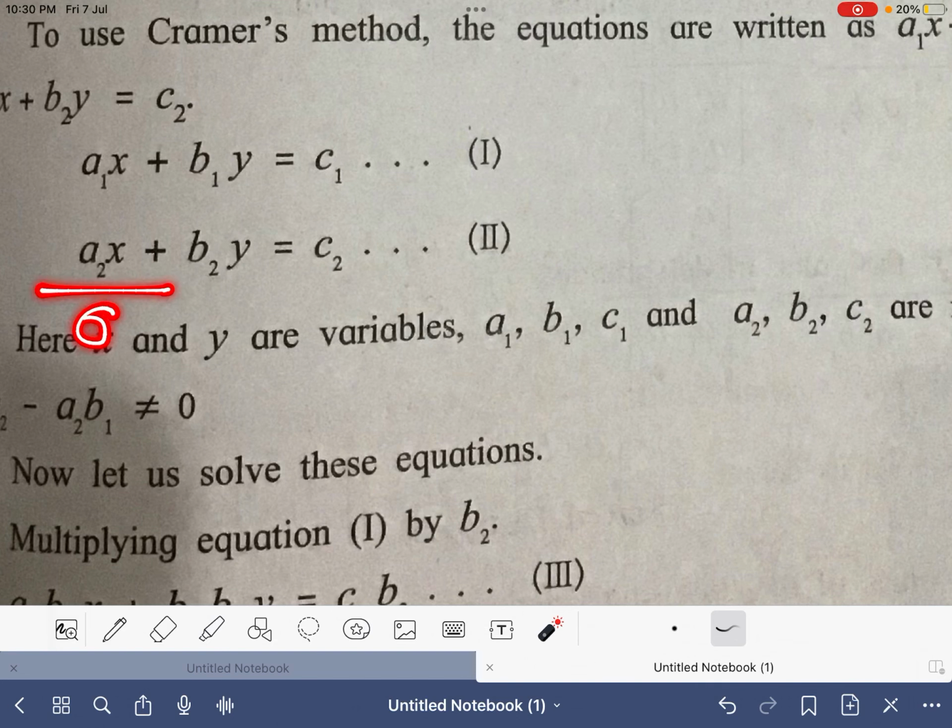So we want to convert this equation in such a way that your answer is 0x.